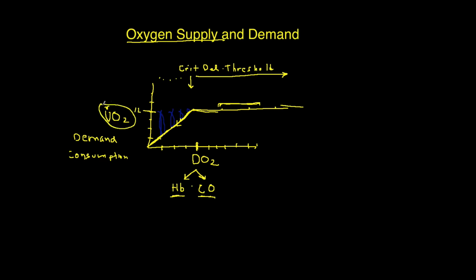So let's say we're talking about a drop in mixed venous O2 sat. It could mean that it's an increase in VO2 or a decrease in any of the components that comprise DO2, whether it's hemoglobin or cardiac output. And so it's not that useful in the sense that a change can mean one of three things.